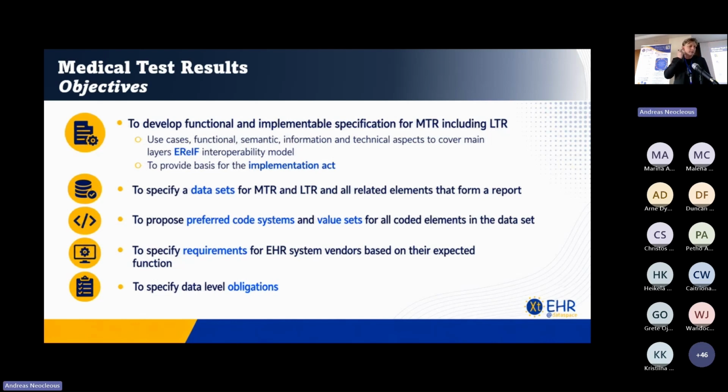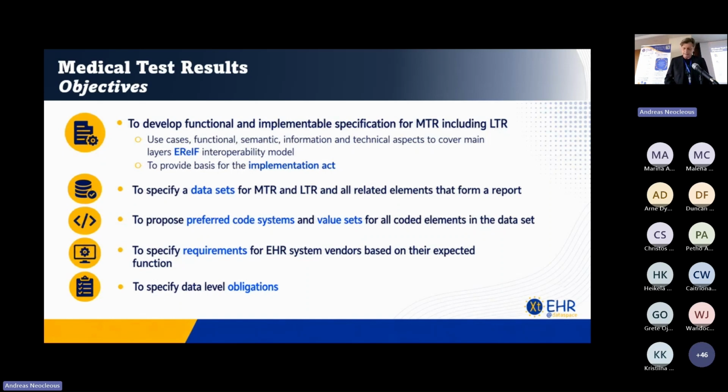In that description, we try to cover all the levels of the European Interoperability Framework. That means from the business level, regulatory level, up to the technical level, of course, with different focuses and levels of details.